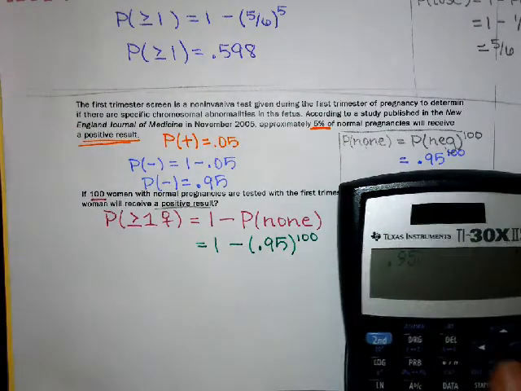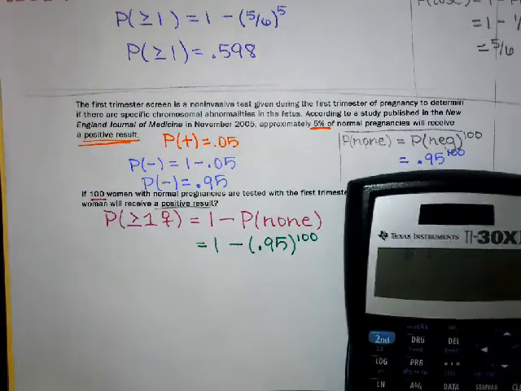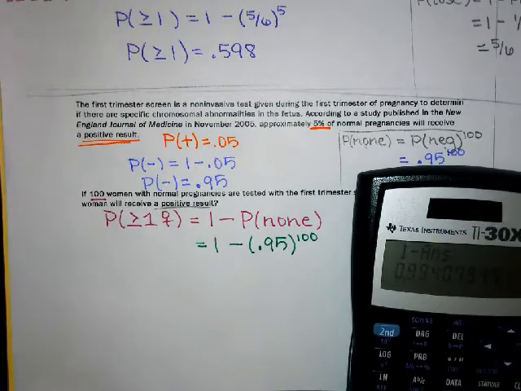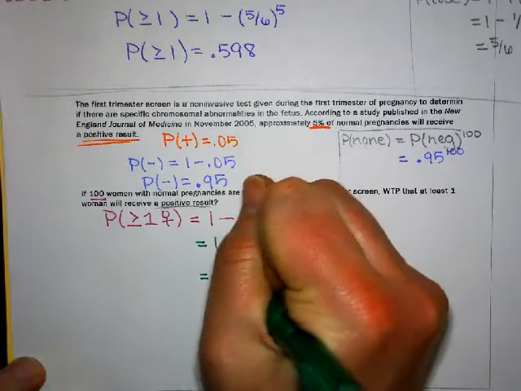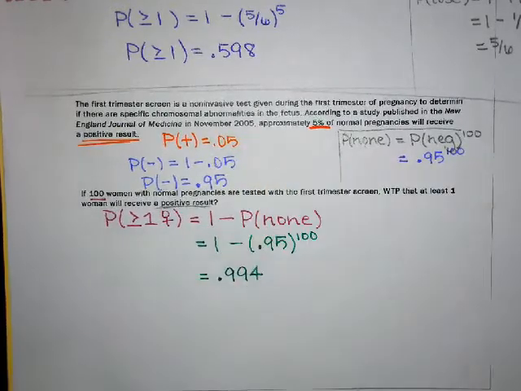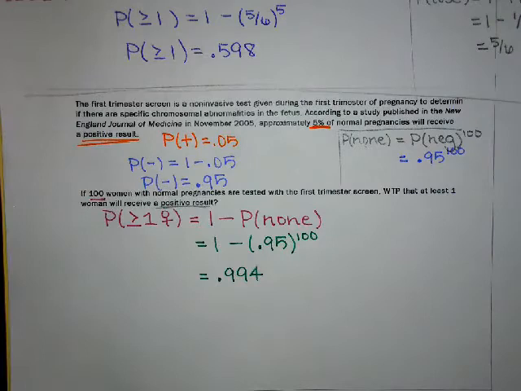And then 1 minus that. So we get 0.994. So the probability that at least one woman would get a positive result on that first trimester screen is about 99.5%. Questions on that one? No? Alrighty.